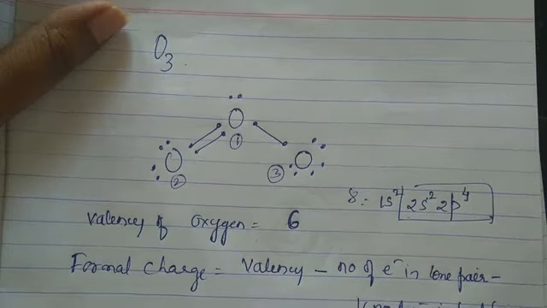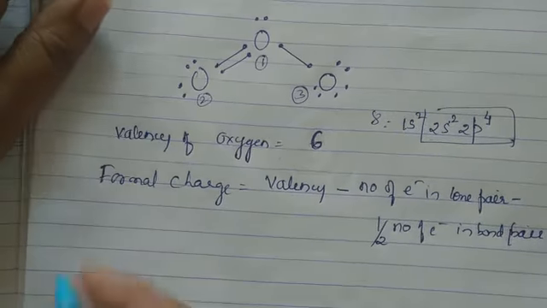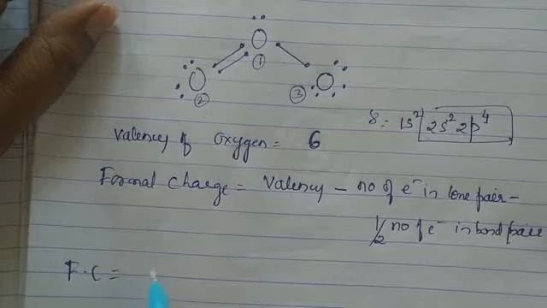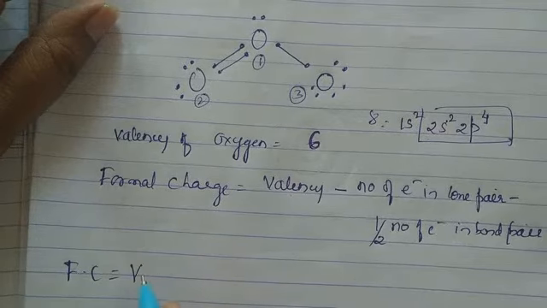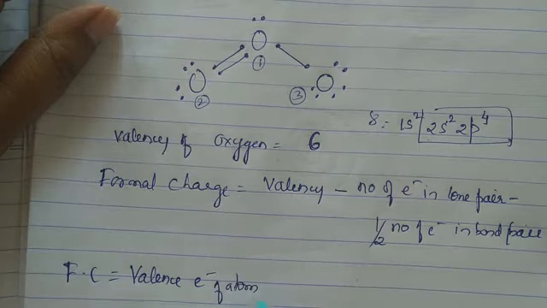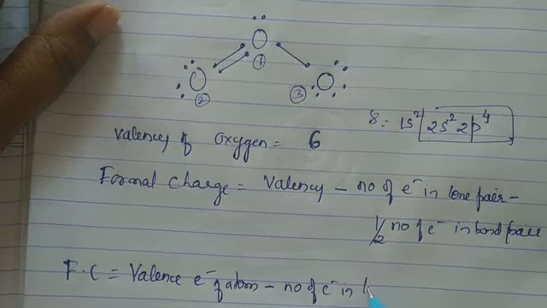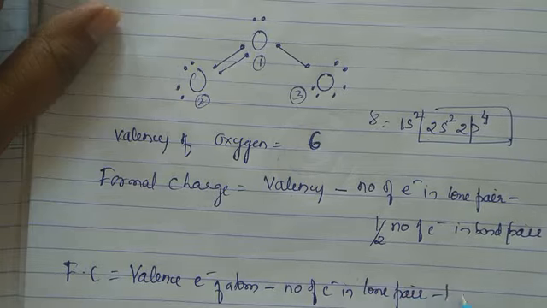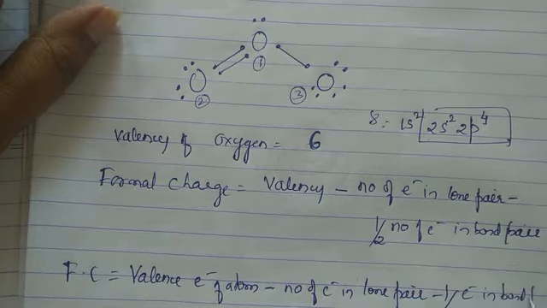Understood? So once again I shall write what formal charge is. Formal charge is equal to the total valence electrons of the atom, minus the number of electrons in the lone pair, minus half of the electrons in the bond pair.